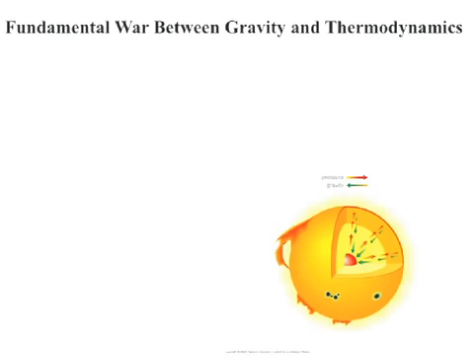What is it that holds the Earth together? The Earth is held together by the huge amount of gravity it generates. Why doesn't the Earth shrink? Anybody? Why doesn't the Earth shrink? Yes? It's a solid. And why does a solid resist shrinking?